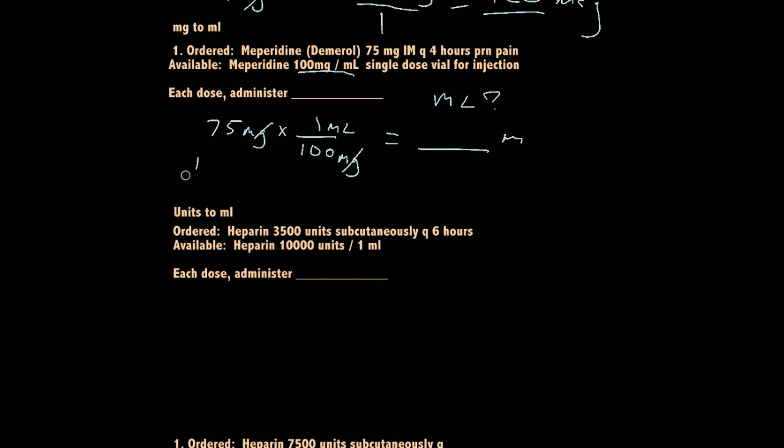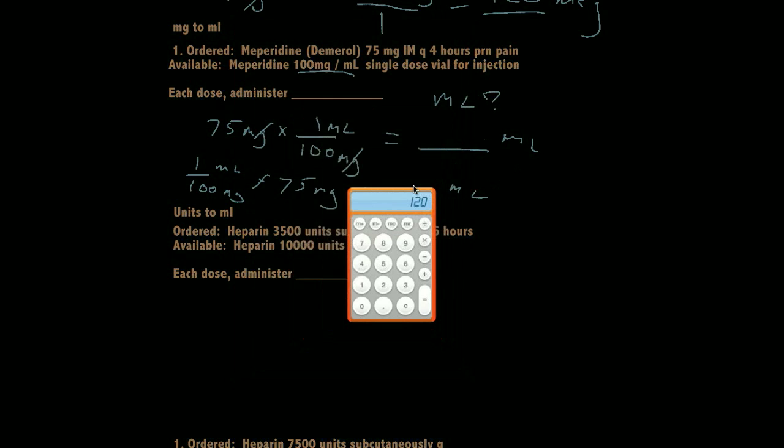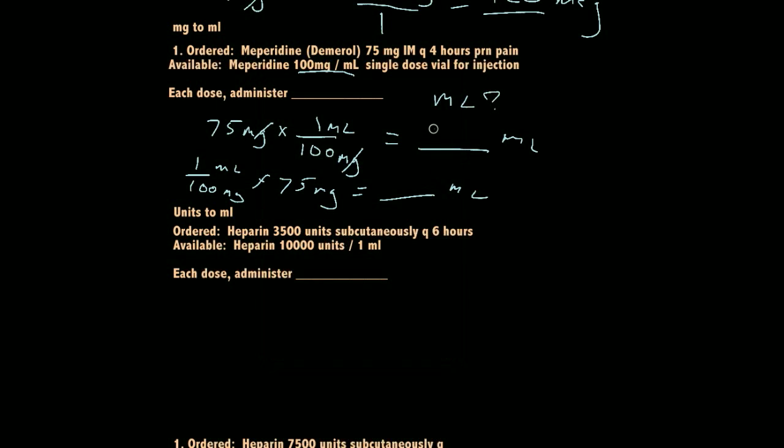Again, I could have just done 1 milliliter over 100 milligrams times 75 milligrams equals blank milliliters, and got the same answer. So let's go ahead and plug this into our calculator. 75 times 1 divided by 100, and we've got 0.75.